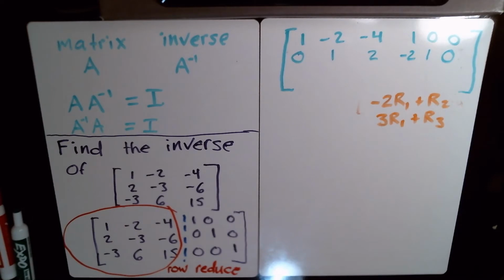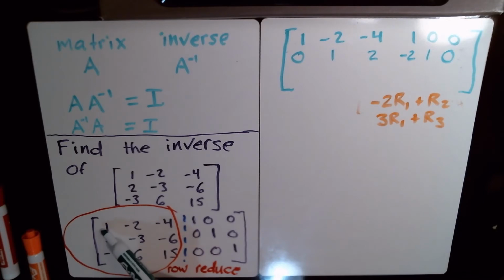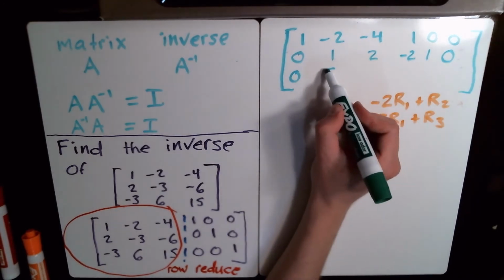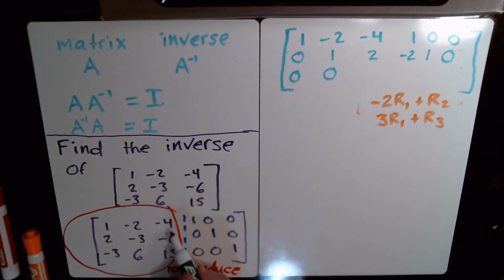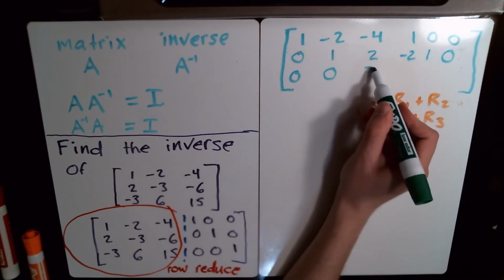So what happens when we do that? We get 3 times 1 is 3, plus negative 3 is 0. 3 times negative 2 is negative 6, plus 6 is 0. 3 times negative 4 is negative 12, plus 15 is 3.